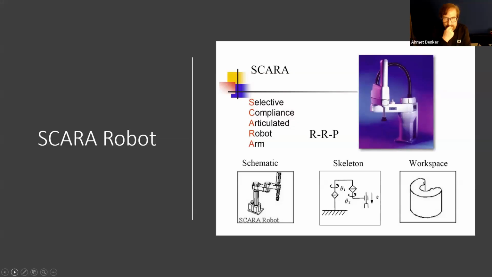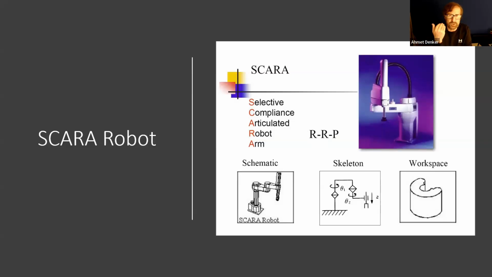So, you're right. But here, if you put two R's, it also acts like a prismatic joint. So, for instance, our arm doesn't have a prismatic joint, but we can change the length of our arm.